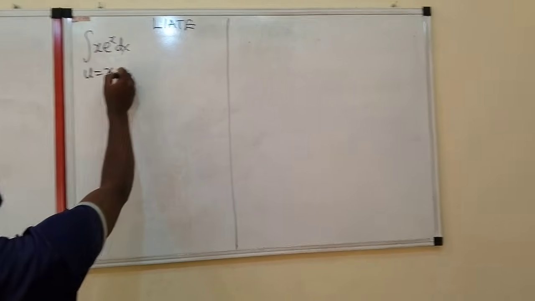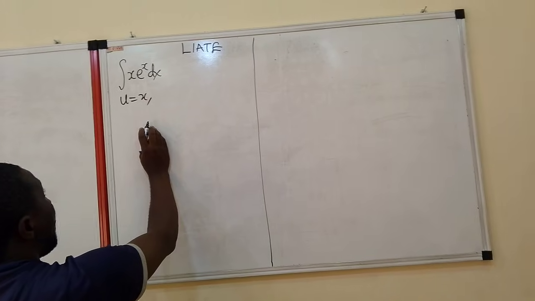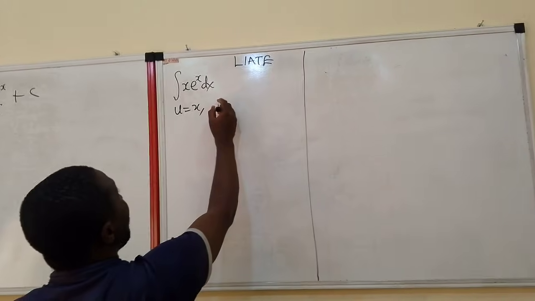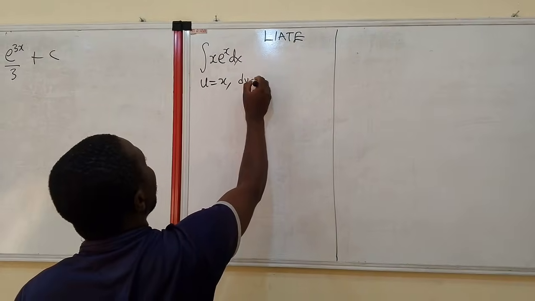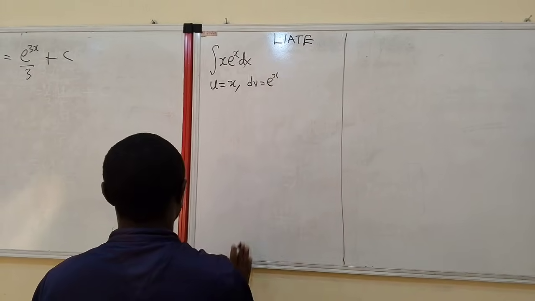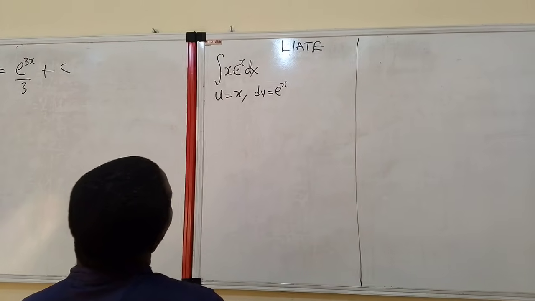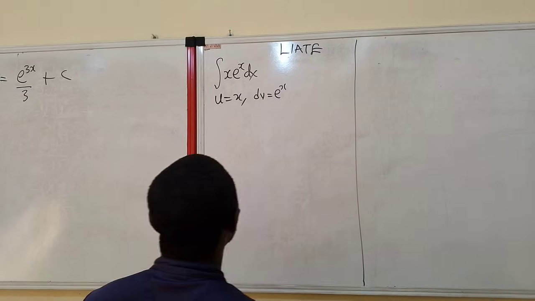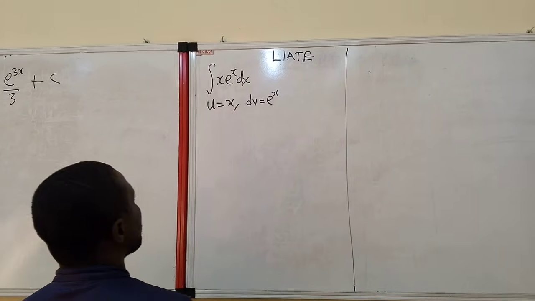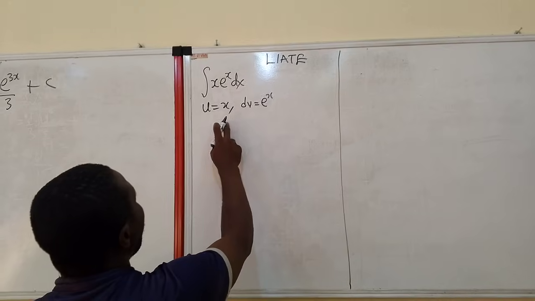Our u is equal to x. Since our u is x, our dv now becomes e raised to the power of x. Now, what is going to be our du?